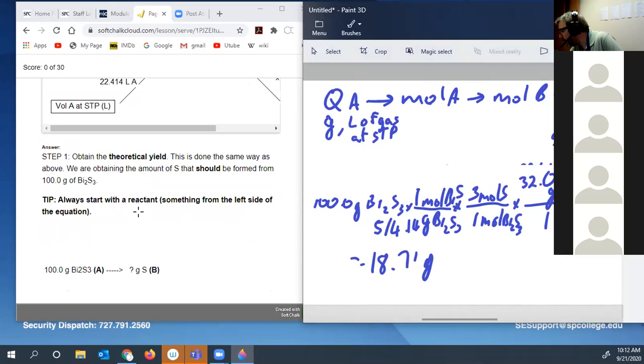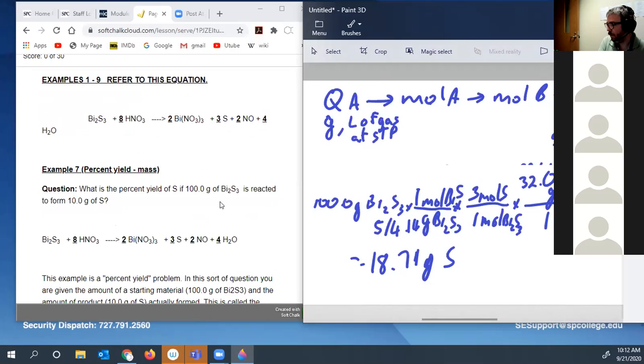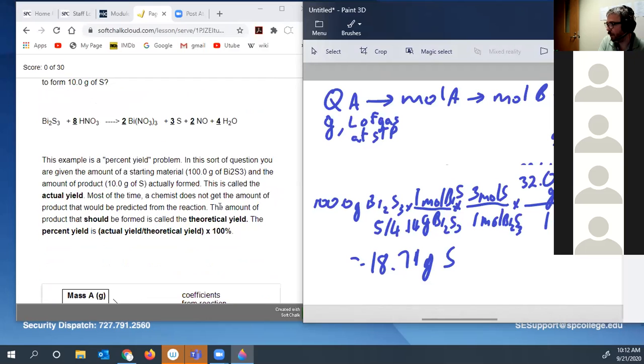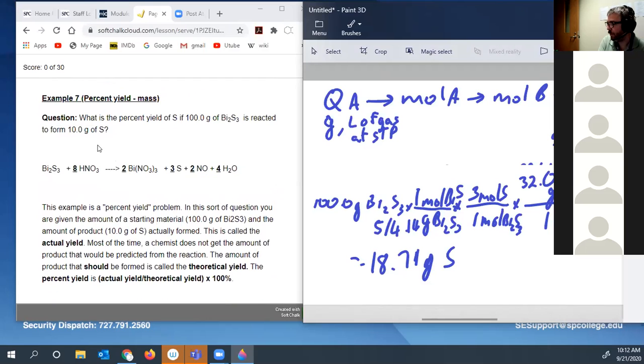Now, what does that number actually represent? Well, it represents how many grams of sulfur we should have gotten from the reaction. If we'd started out with 100.0 grams of Bi2S3, we theoretically should end up with 18.71 grams of sulfur. We actually don't get 18.71 grams of sulfur. We're going to get here 10.0 grams of sulfur. We know that from the problem.